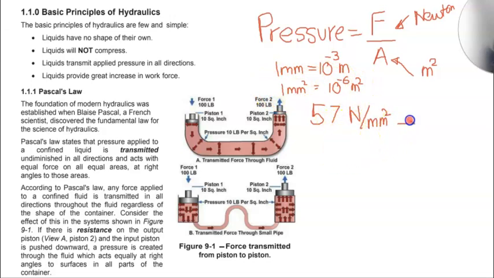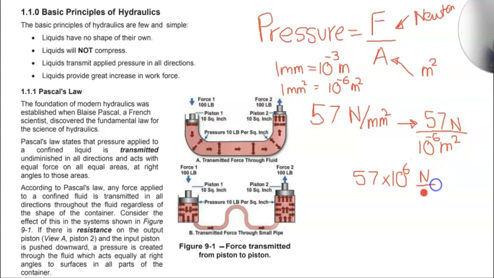So if I want to convert that, it becomes 57 divided by 10 to the minus 6, Newton over meter square, which will give me an answer of 57 times 10 to the 6, because this is minus 6, it goes up and becomes a positive 6.